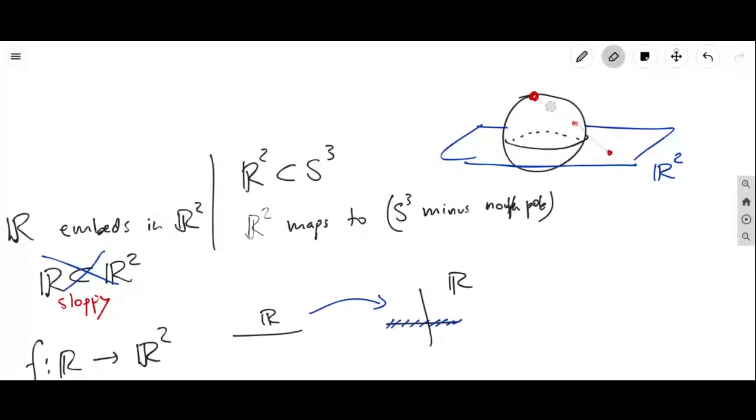The closer this point gets to the North Pole, when you draw this line, it goes further and further and further out. So as this point moves closer to the North Pole, this point blows out to infinity, right? So that would be the one exception. So you have a one-to-one correspondence between R2 and every point of S3 other than the North Pole. So there's a way to embed R2 into the sphere. Oh, I'm sorry about that. I wrote S3. Sorry about that. I meant to say S2, of course. S2.